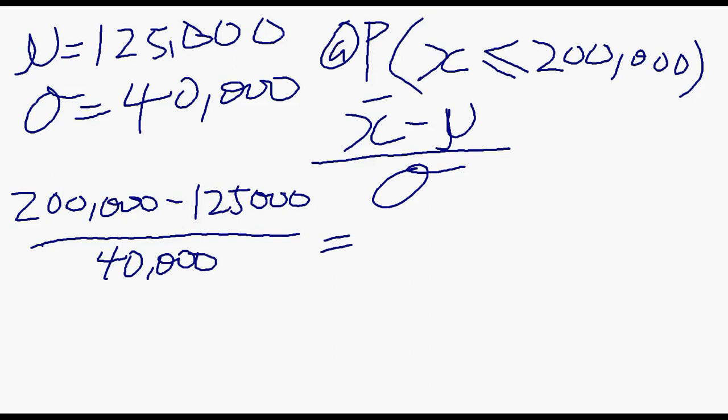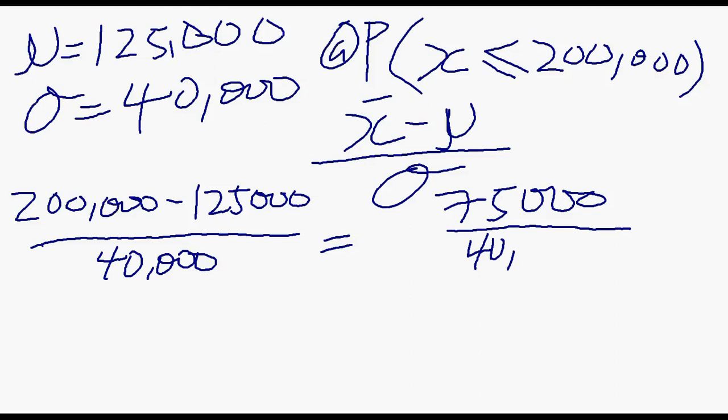It moves on to 75,000 over 40,000. Then we will be getting 1.88.